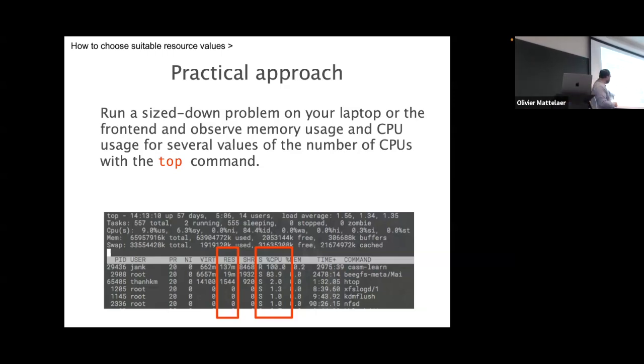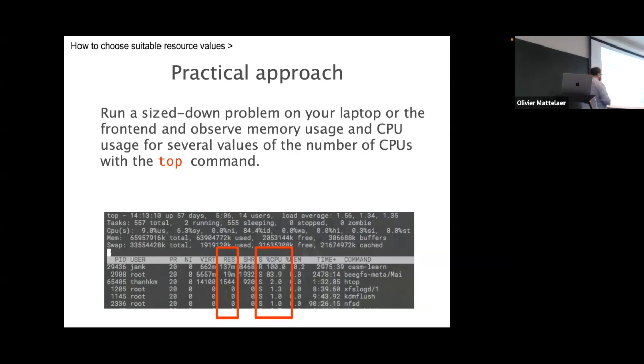So you should have a look at your processes. The two important elements are RES here, the resident set size, which is the actual memory that the process is using in megabytes, and %CPU here, which is the percentage of one CPU that your program is using.